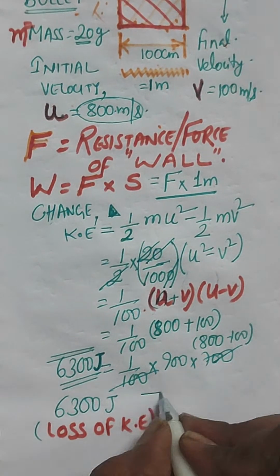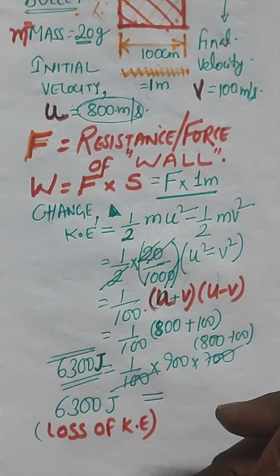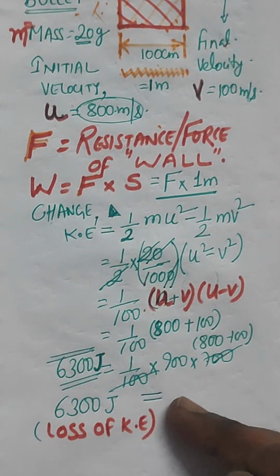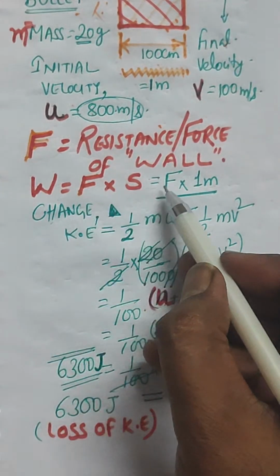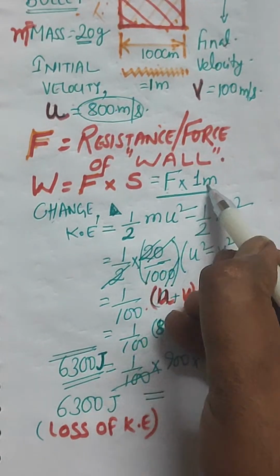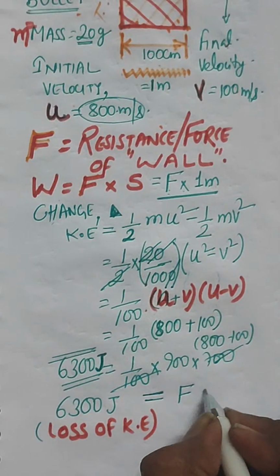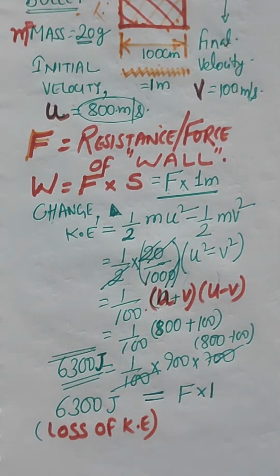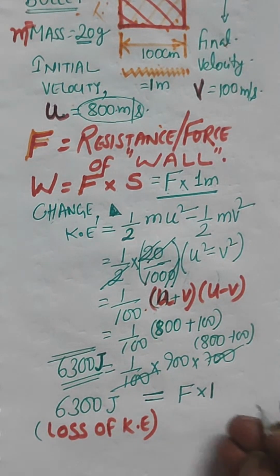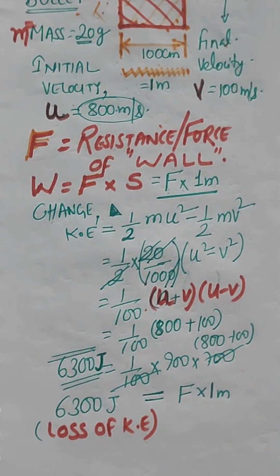This will be equal to how much? Equal to the work done. And what was the work done which we have calculated? F into l, right? So this is equal to F into l, where l is in meter, right?